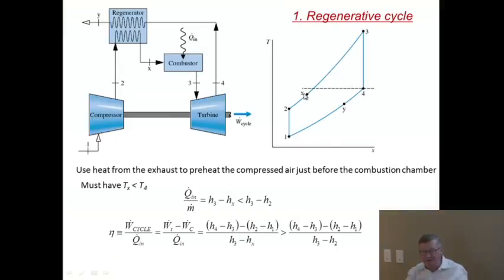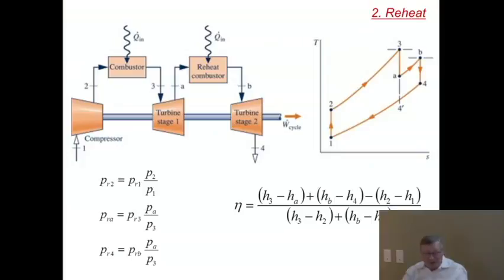The reheat cycle is one where you have topped your maximum temperature because, for example, of metallurgical limits to your turbine blades and your combustion chamber walls.